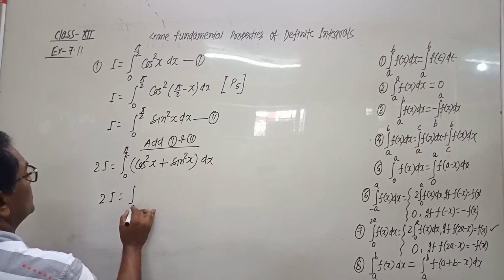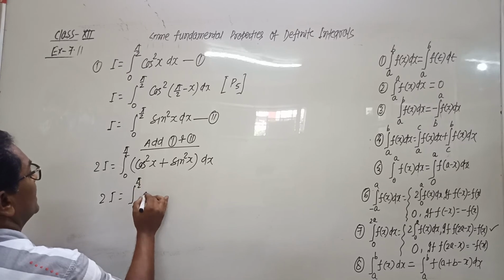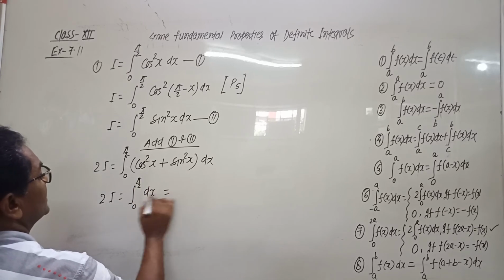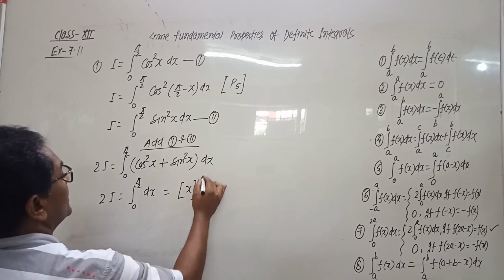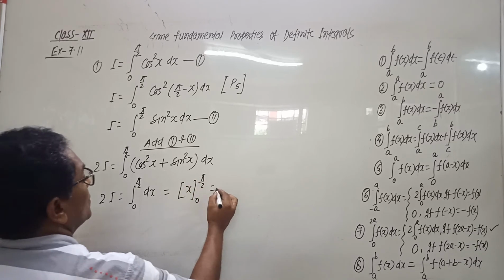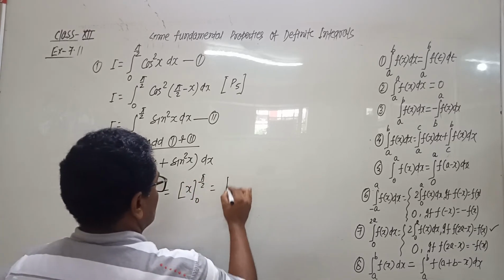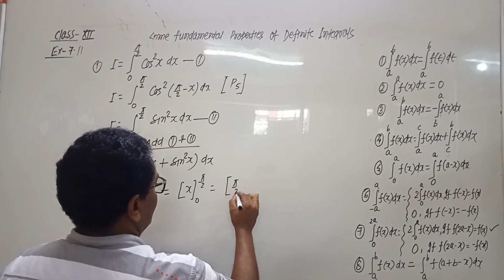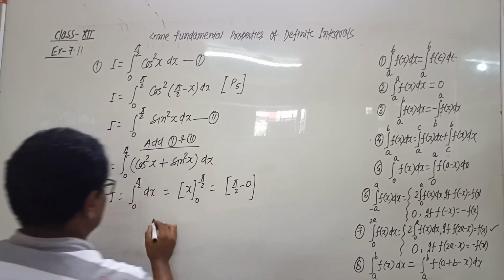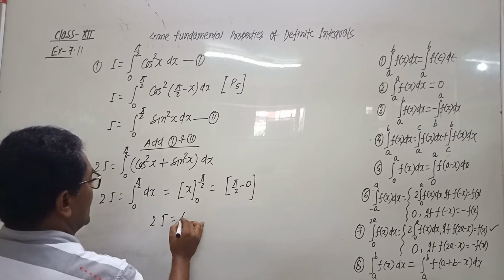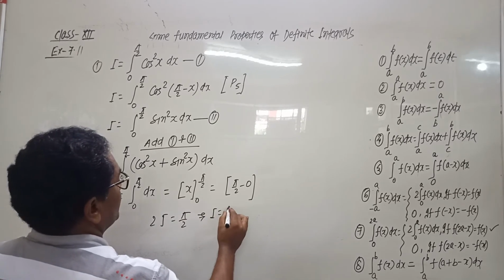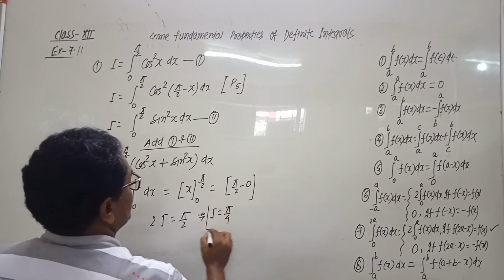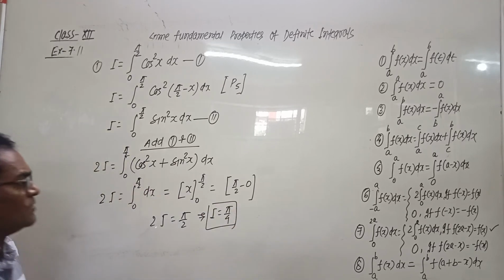So we get 0 to pi by 2, 1 multiplied by dx, and integration of dx is x, limit from 0 to pi by 2. Put the limit, so pi by 2 minus 0, and this was 2I equals pi by 2, and I we get pi by 4. The result comes to be pi by 4 for the first question of the exercise.